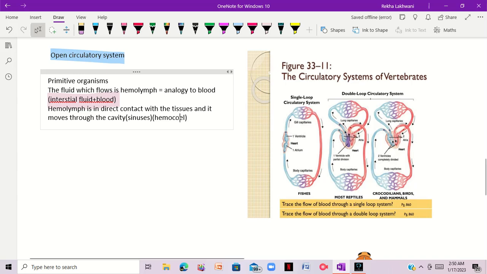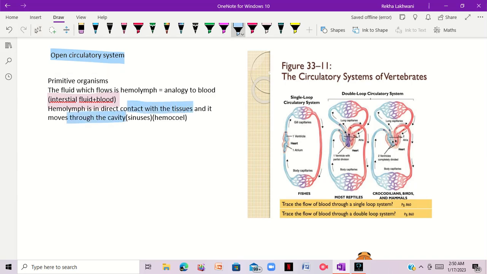So basically, the hemolymph is in direct contact with the tissues, and it moves through the cavity known as sinuses or hemocoels. Basically, the cavity of these organisms is known as hemocoel, right? The most common example of this open type of circulatory system is arthropoda. Let me write it over here.